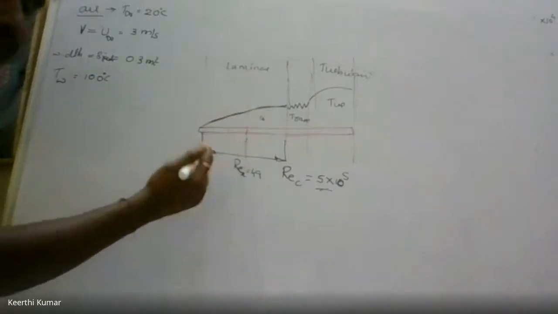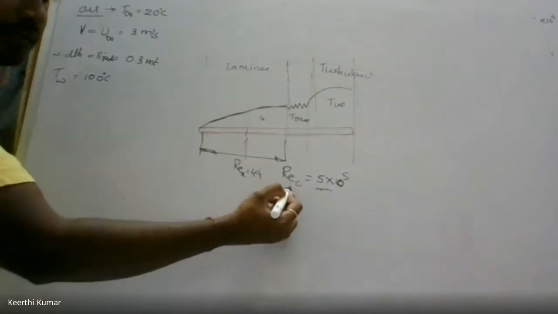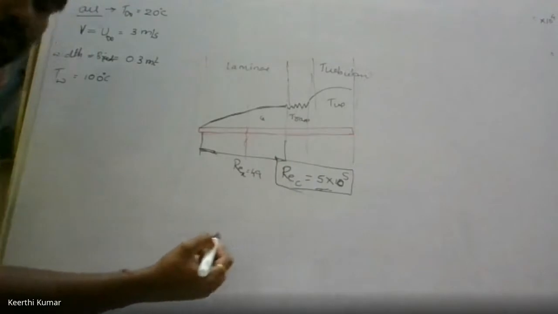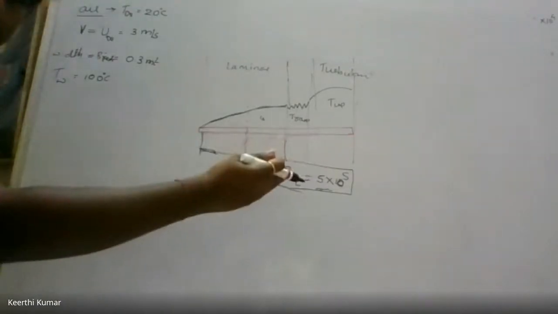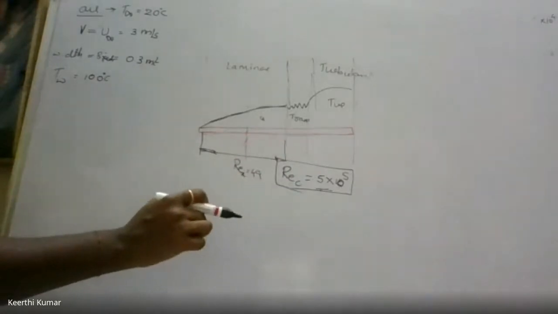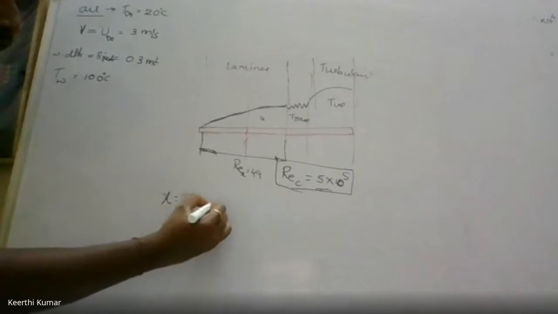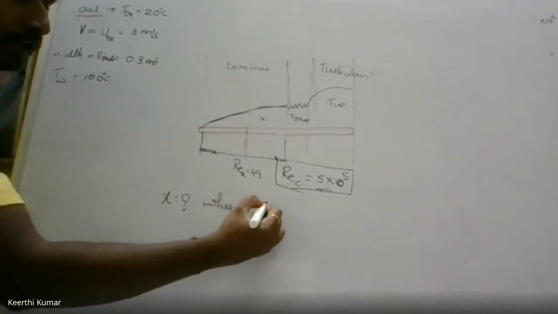If I go further, meaning if I further increase the value of X, at some particular value of X the Reynolds number will become equal to 5 into 10 to the power of 5. That means the type of flow will convert from laminar to turbulent. Correct? So in the next case, he is asking you to find the value of X where the flow converts from laminar to turbulent.